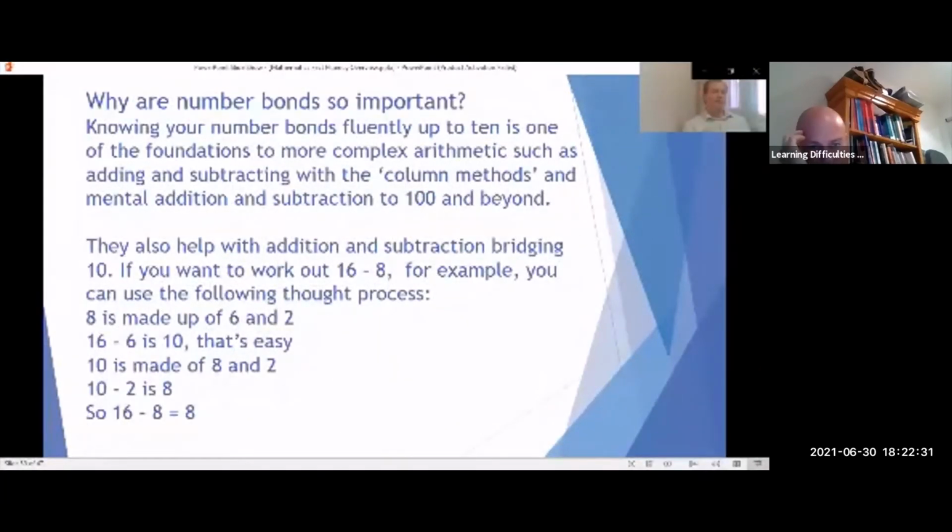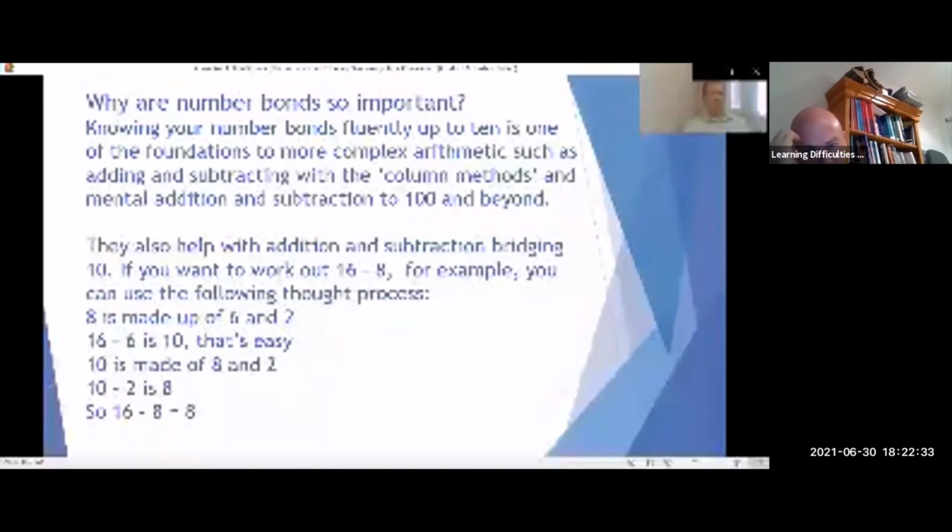Why are number bonds so important? Knowing your number bonds fluently up to 10 is one of the foundations to more complex arithmetic, such as adding and subtracting with the column method and subtraction to 100 and beyond. It also helps with addition and subtraction, bridging through to 10 or 100.